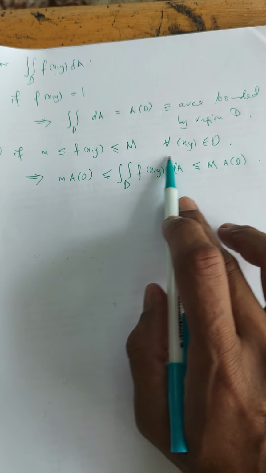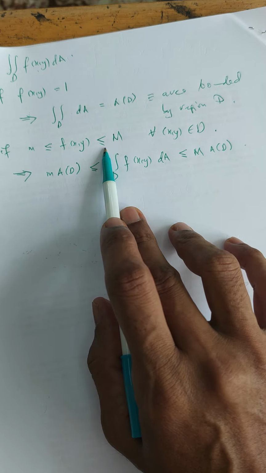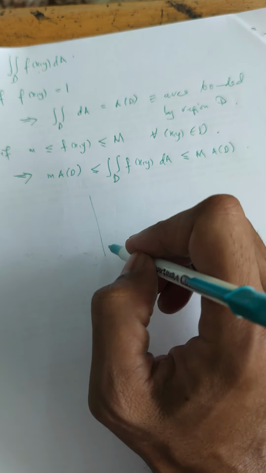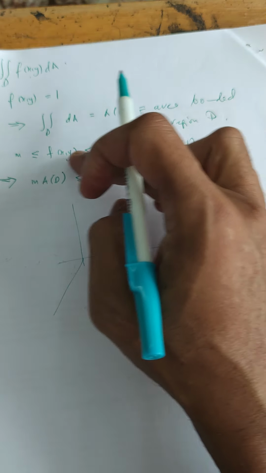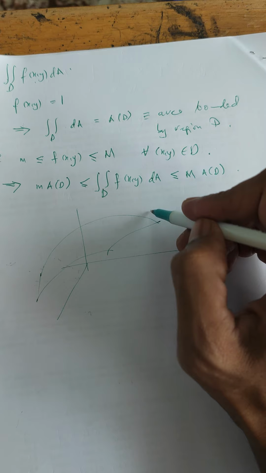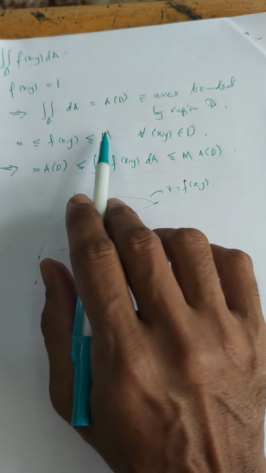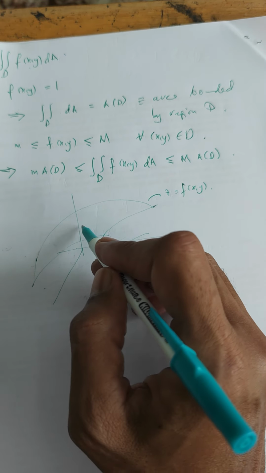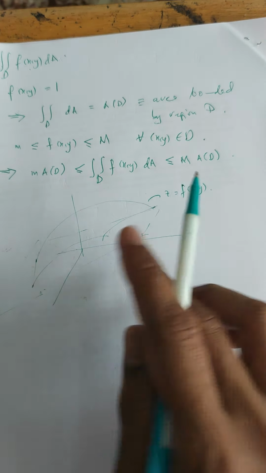For this case, if you can describe this function, it is not difficult to look at. You just consider it in 3 dimensions because f(x,y) is our function, our surface. So if this is our surface here, let's say this is z equal to f(x,y), and we have z equal to m, which is smaller than f(x,y), so which means we have some sort of plane down here, and this is z equal to constant m, and we have another plane up here.